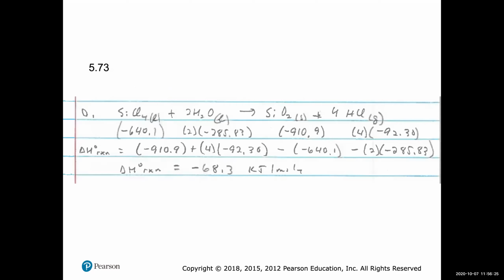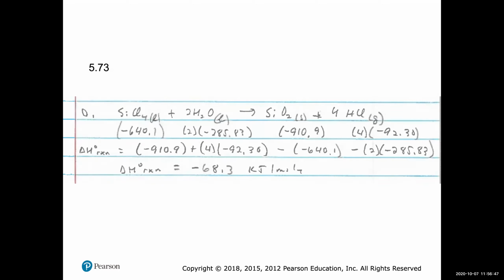The first one is 5.73 that we'll take a look at. Let's see what that one says. In this one, we're going to use values from Appendix C, where you would look them up, to calculate the standard enthalpy change for each of the following reactions.